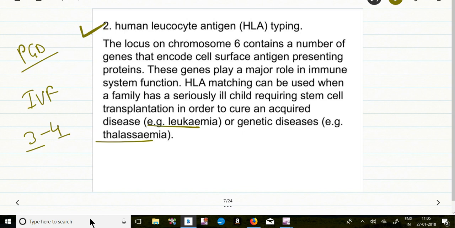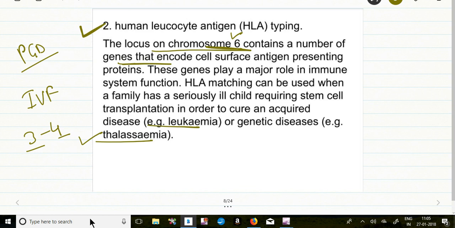So this other baby after 9 months will become a stem cell donor for the baby you already have, who needs stem cell donation for the medical condition the baby is suffering from. So here also you're looking for a particular genetic makeup. You're looking at the genes that encode for HLA on chromosome 6. That's why it is an indication for PGD.